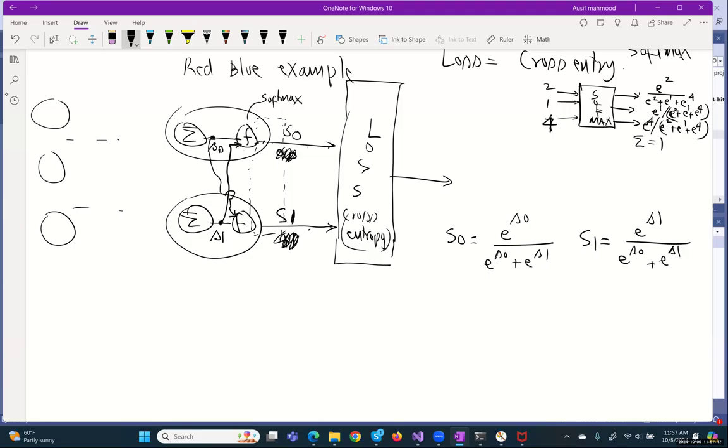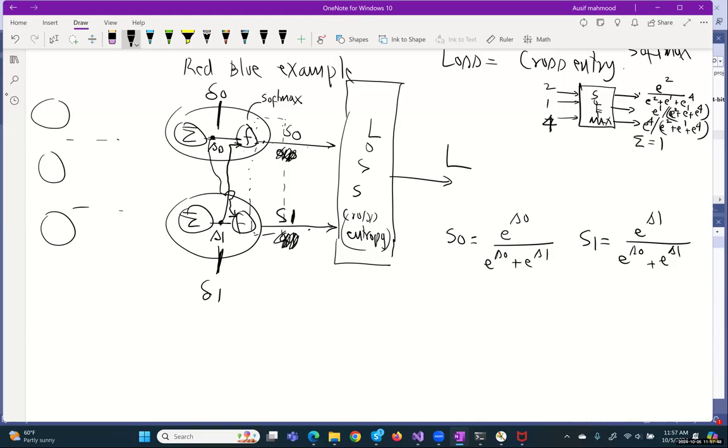So what we want to do is compute delta 0 and delta 1. If we can compute that, then the rest of the back propagation will be extremely easy because we can express it in terms of the deltas. So if this loss is cross entropy, let me write the loss function.